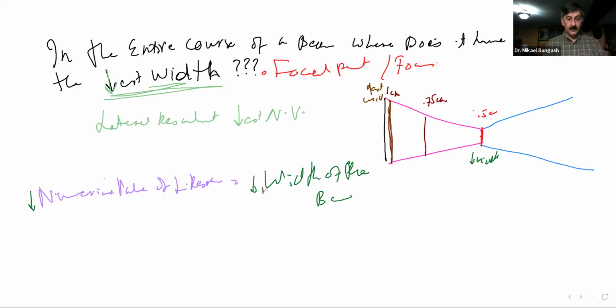So since that's going to be the greatest width of the beam, that's where the numerical value of your lateral resolution is at its max. Did that make sense?